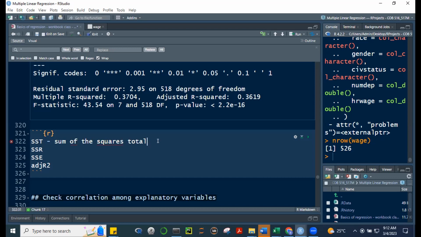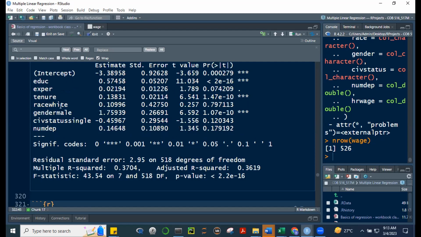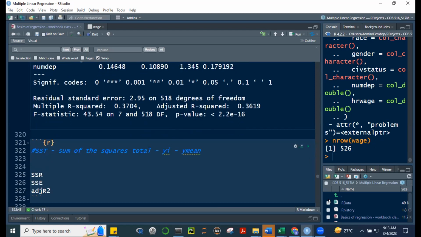What we want is to get the squares, so we square the difference between y sub i and y bar. Why? Because we're coming up with a model not using any of your regressors, not education, experience, tenure, race, gender, etc. We only use the values of y, by getting the average. We will call it SST.